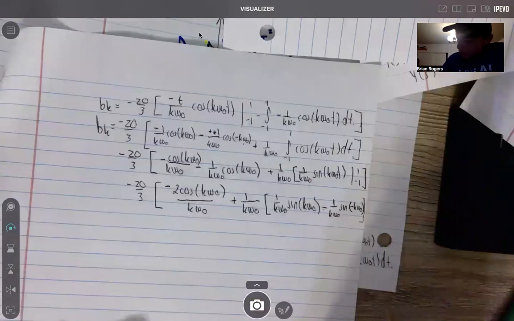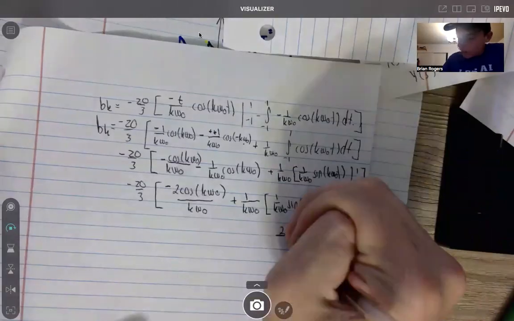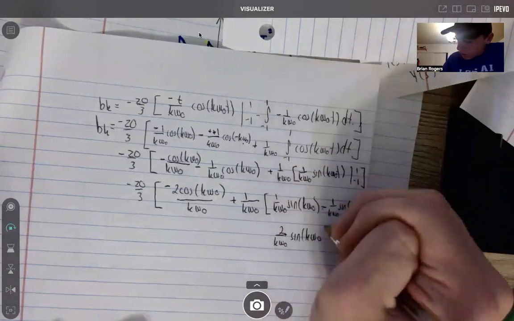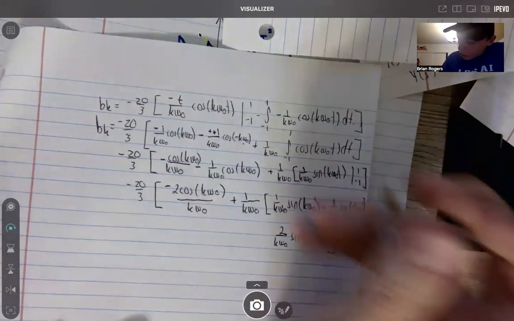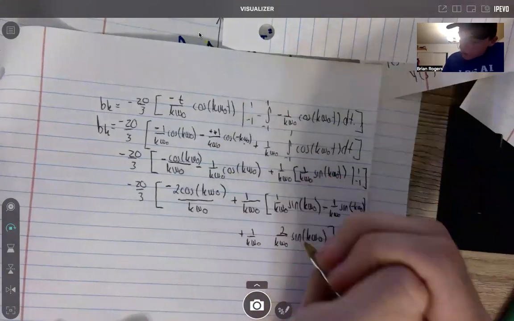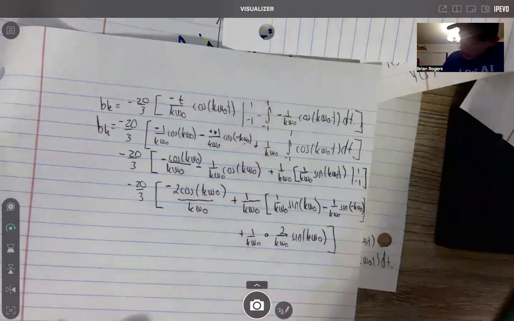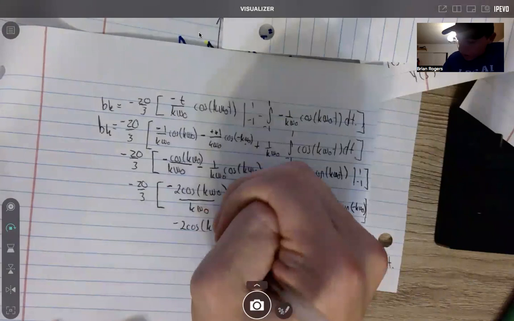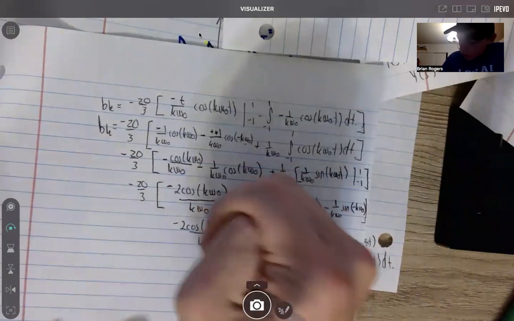So it actually becomes 2 over k omega naught sine k omega naught, and then plus 1 over k omega naught on the outside, multiplied by that. And then we have a -2 cosine k omega naught over k omega naught, -20 over 3.